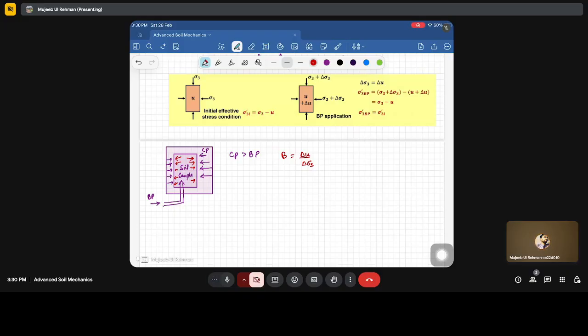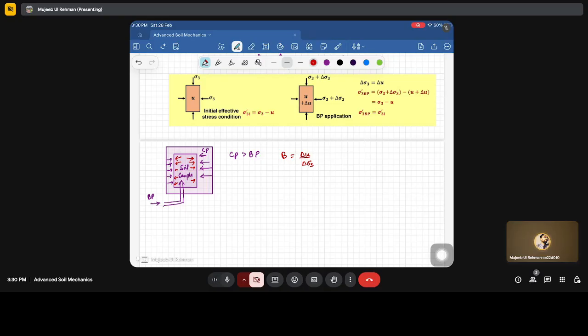If it is clay, we don't need an initial cell pressure, because the clay can hold without any confinement, as it has cohesion. But with sands, we need a little amount of vacuum initially when we mount it on the pedestal. Then once we fill the confining cell with water, we apply a cell pressure so that the water is able to hold the specimen.